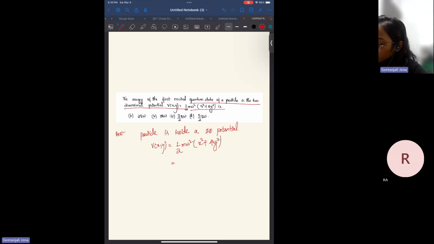So this is similar to a harmonic potential in 2D. Now if you separate out the x and y terms, this is 4y square. This second part you can write as half m times 4 omega square y square.